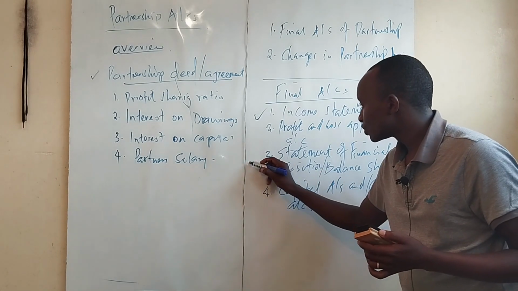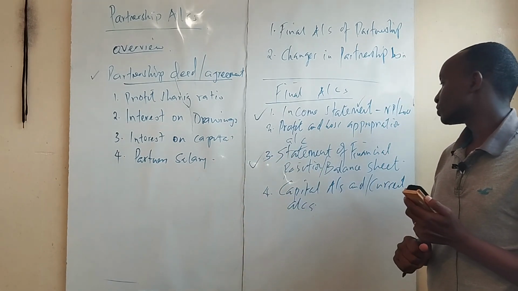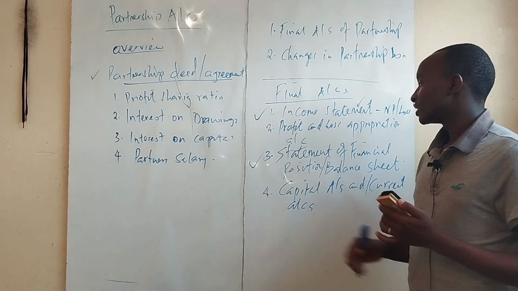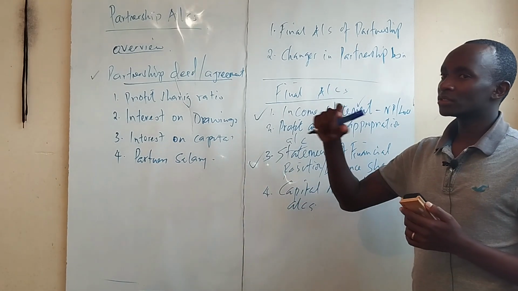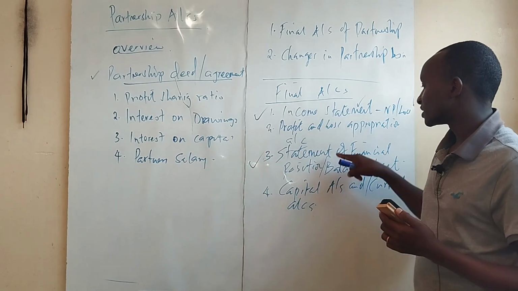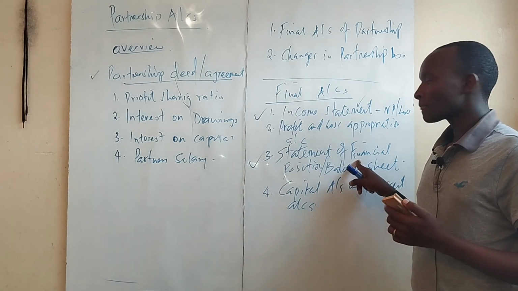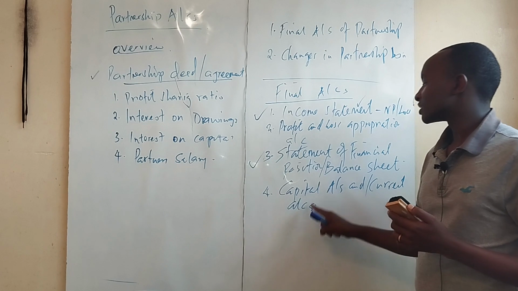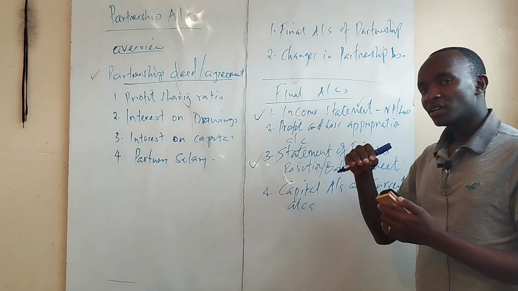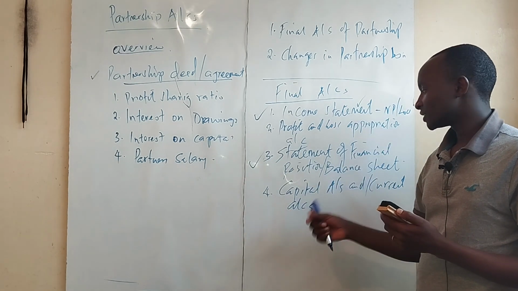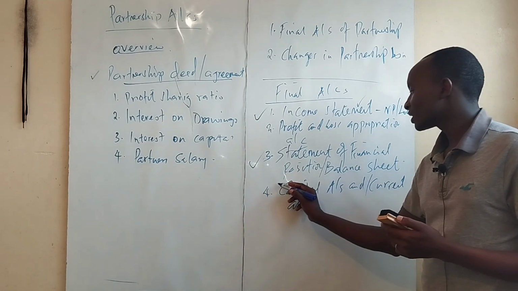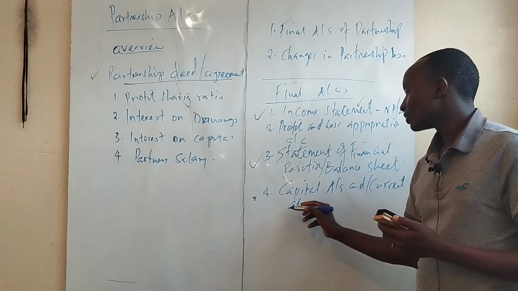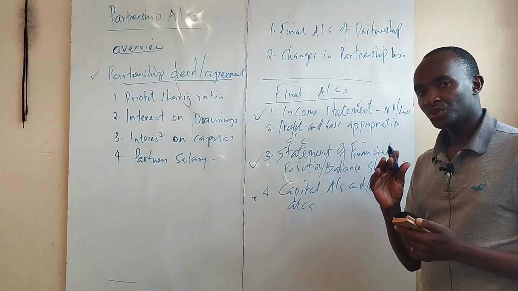And then we also looked at the statement of financial position or the balance sheet. This one is the accounting equation, if you still remember, where assets equal capital plus liabilities. But we'll have small adjustments at the finance by of the format of the balance sheet, and those adjustments are the capital accounts and the current accounts. I will show you this.